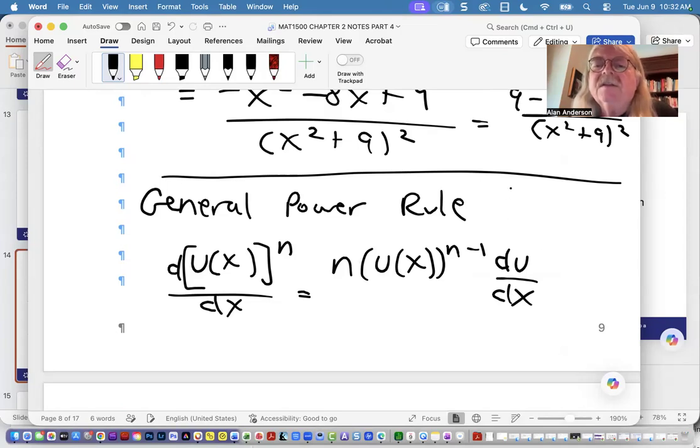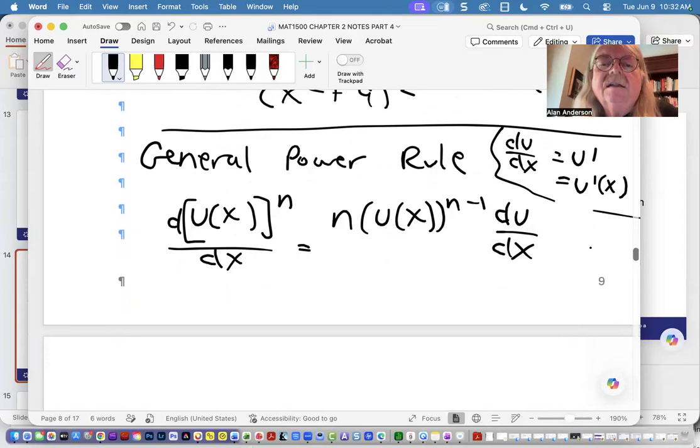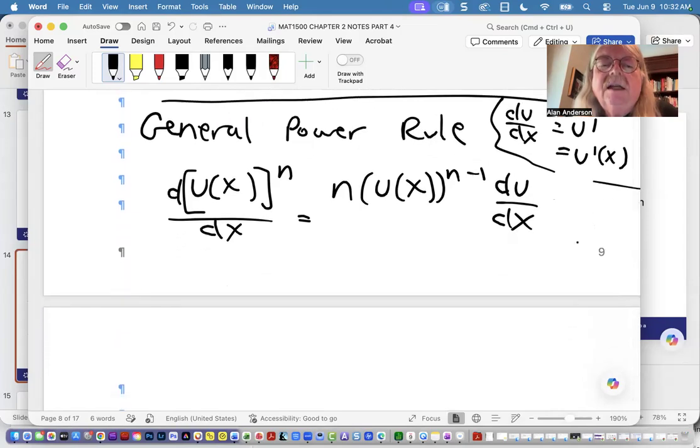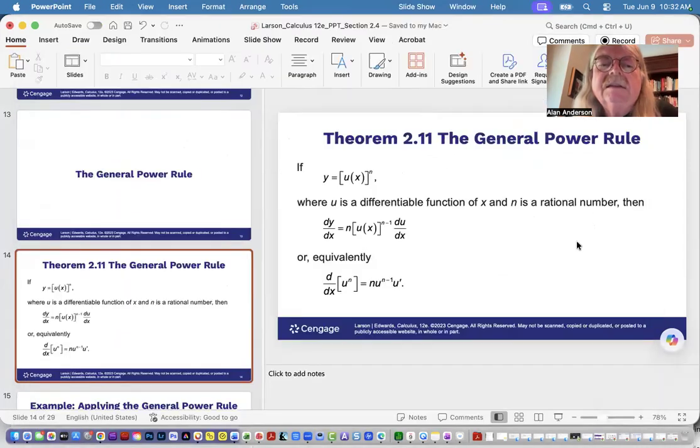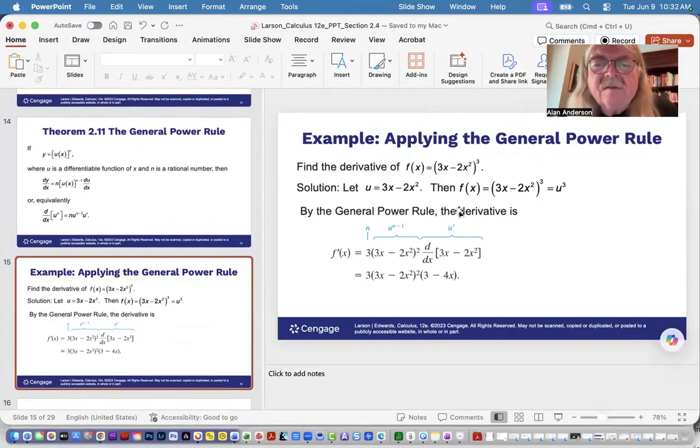So you can write this as du dx. They all mean the same thing. Once again, there are many different ways of expressing this. So let's see what example they came up with for us.